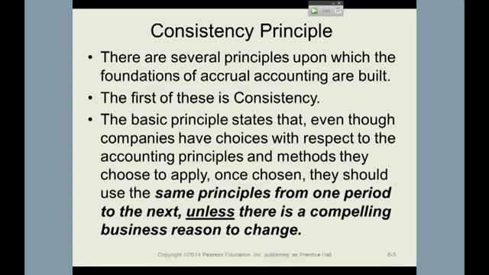When you have an accounting method, you really should use that method every year consistently, unless there is a justification to change it. This is something I said early on in the semester: you're really measuring the same economic event differently, just like distance. If you watch a baseball game in Toronto, it's got 91 meters.